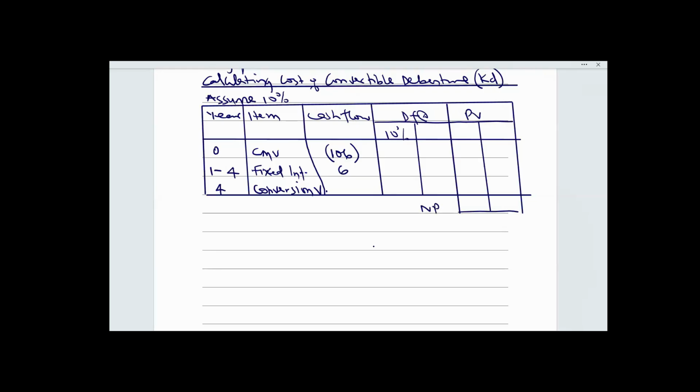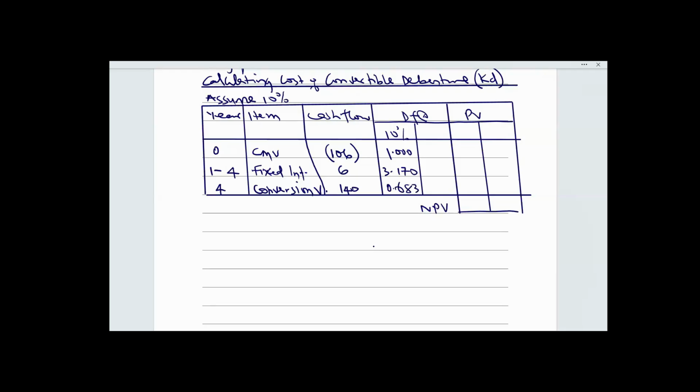For the period, the conversion value is 140 naira. So here will be 1. Annuity factor of year 1 to 4 at 10% will give us 3.170. Discount factor for year 4 at 10% will give us 0.683.